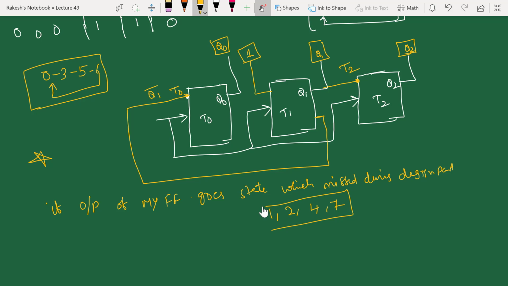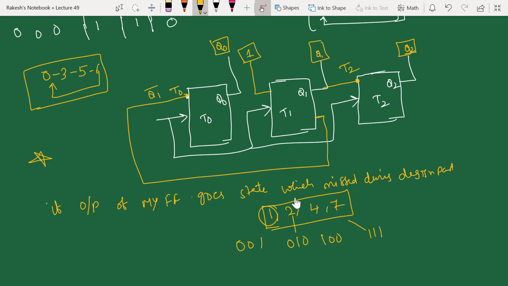So we missed these states of the flip-flop. Suppose due to any fluctuation in the circuit, the flip-flop goes to any one of the states, either 001 state or 010 state or 100 state or the all-ones state, whether it is going to count in the same sequence or not, or if it goes into this state, whether it is going to come back to its original sequence or not, we need to test it.